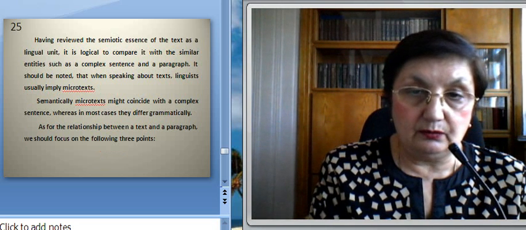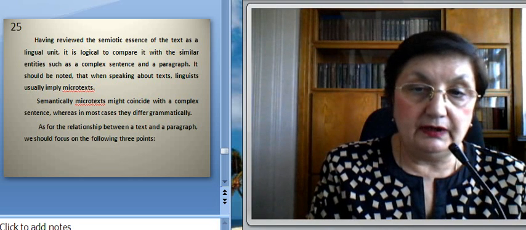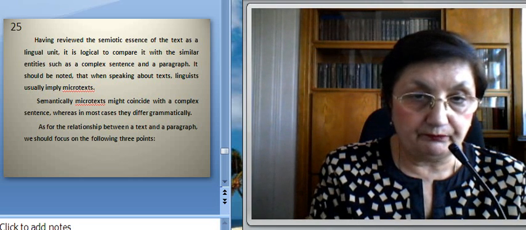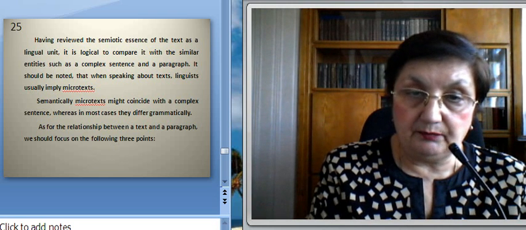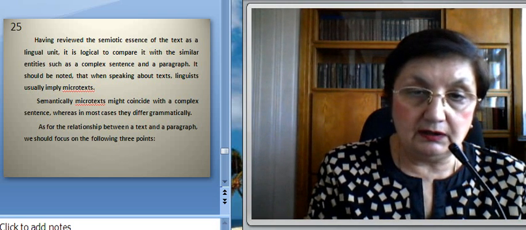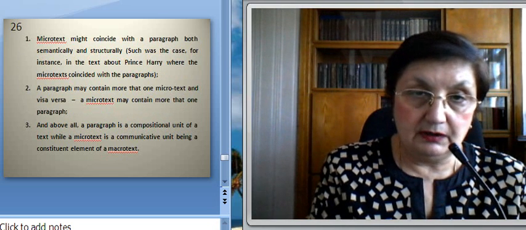First, microtext might coincide with a paragraph both semantically and structurally. Such was the case, for instance, in the text about Prince Harry, where the microtext coincided with the paragraphs.